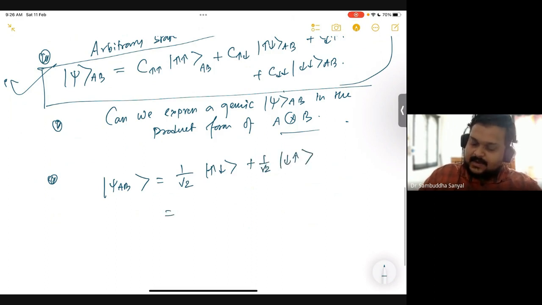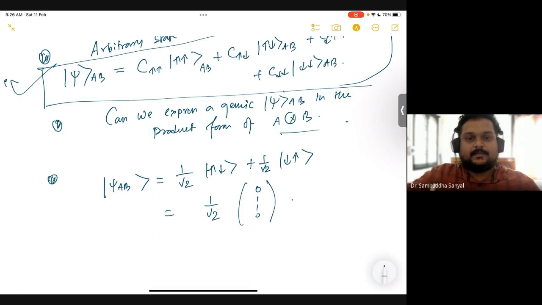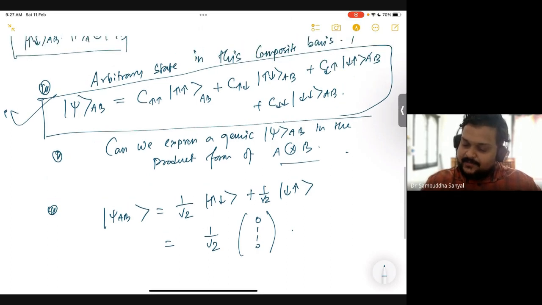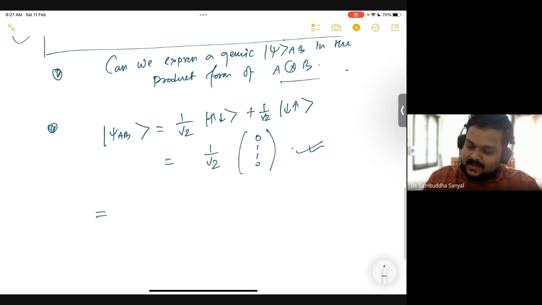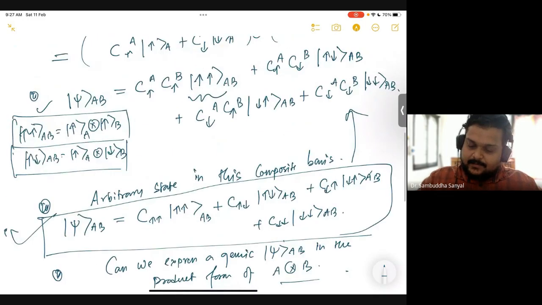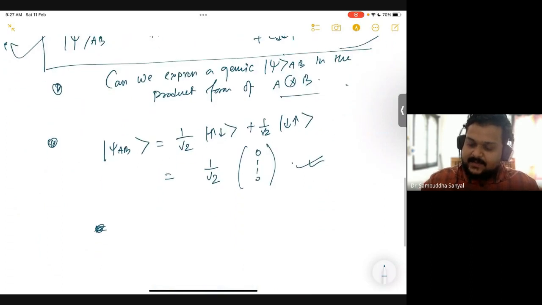So what is this in this composite basis? This is this form. Does everybody understand this? Yes, sir. Okay. So there must be a solution if I can write this state in this form. That means it must satisfy four things. These four components are for these four basis states: up up, up down, down up, down down.